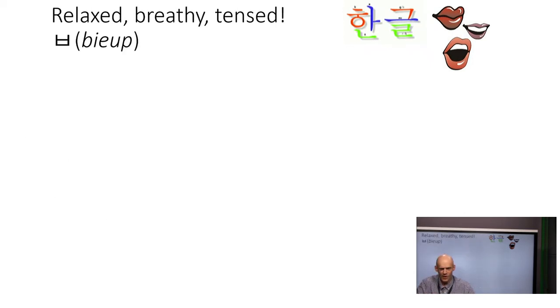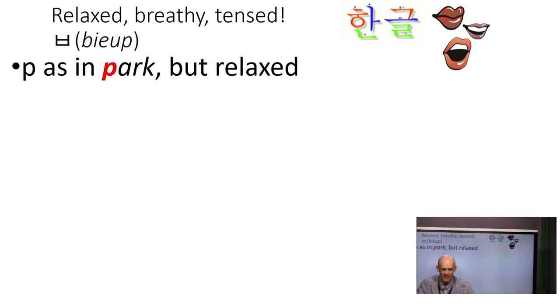Okay, moving on now to another consonant produced at the front of the mouth, the lips, bieup, which is just pronounced relaxed as in park, but much more relaxed, bark. It's like saying bark.